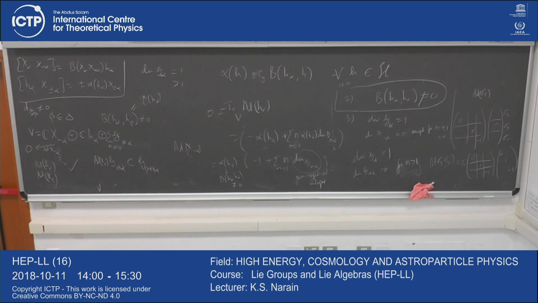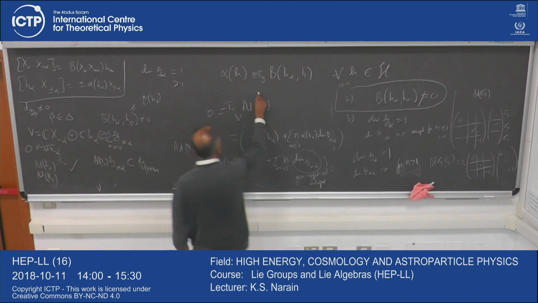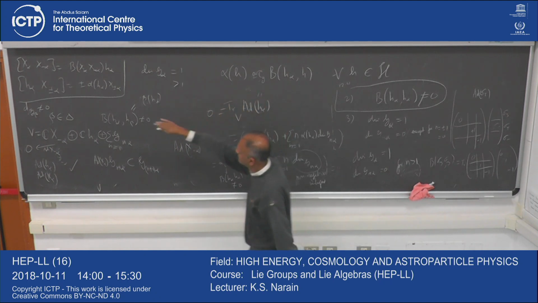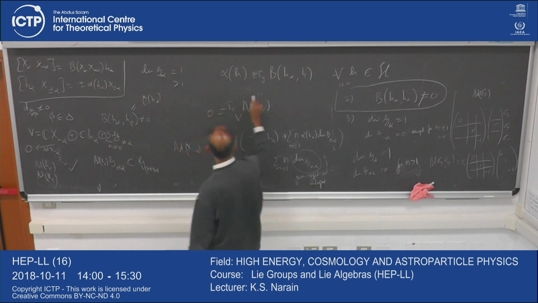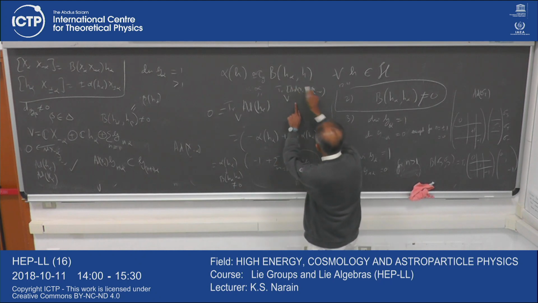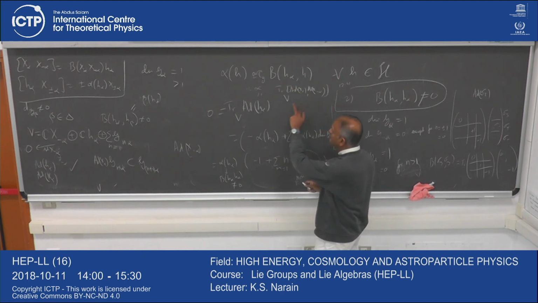No, that is not the reason. The reason why we proved it is that I could write this, using that relation, as proportional to, I mean this is non-zero, so I can forget about that. So it's proportional to some number times trace of ad x alpha, ad x minus alpha, right? But the point is that this commutator makes sense within this V space.